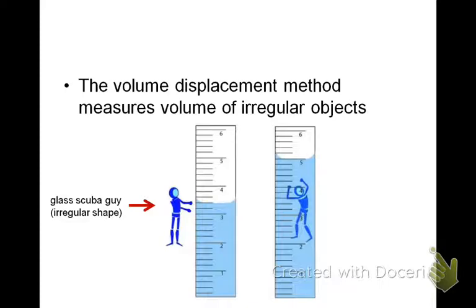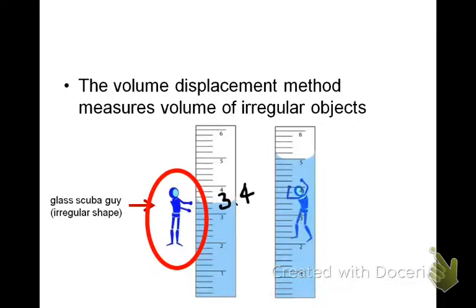Then finally, if we're trying to find the volume of irregular objects, it's called the volume displacement method or the water displacement method. How do we find the volume of this irregularly shaped scuba guy? We take a set volume of water. In this case it's 3.4 milliliters.